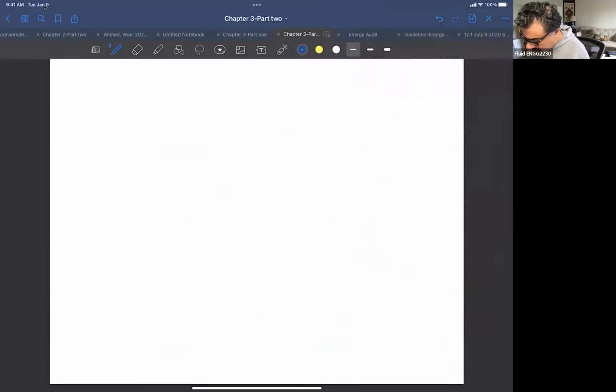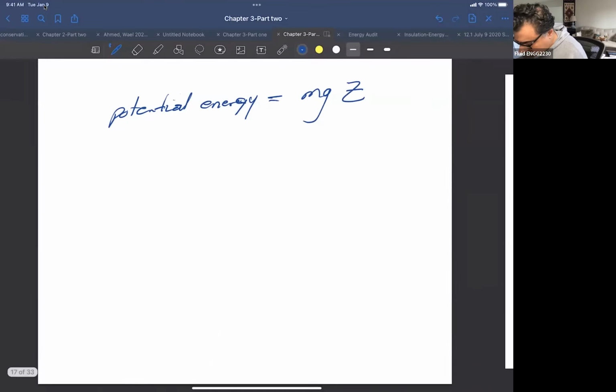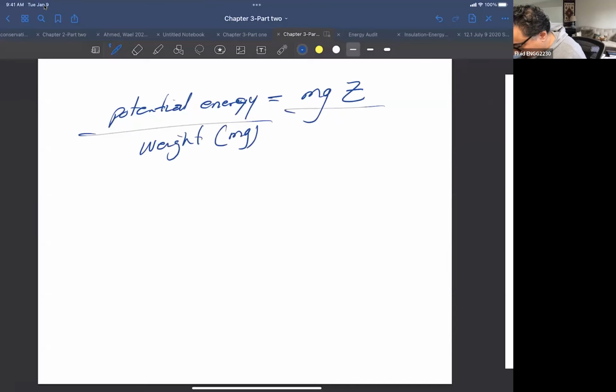And if I do the same thing for potential energy, which is mgz, and I divide it by the weight, which is mg, this will be your z.